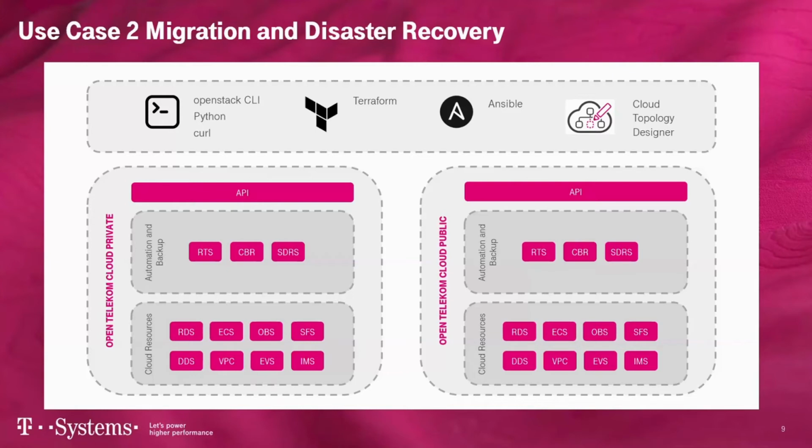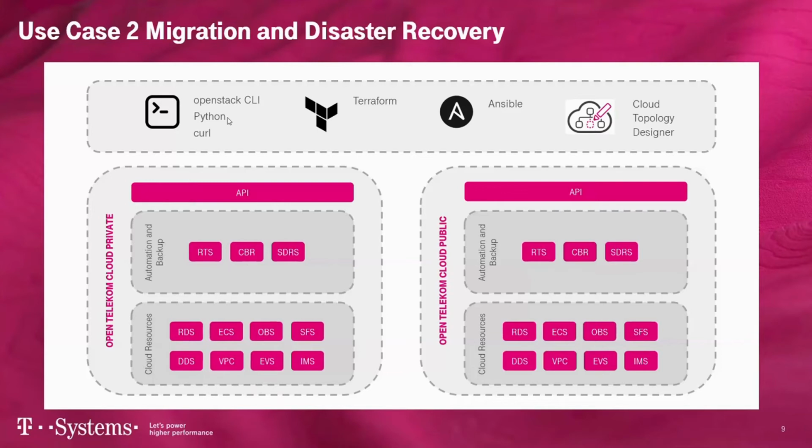Migration is taking advantage of having both APIs identical on both sides. If you have a couple of cloud resources in your cloud platform, there are already some services which can do automation or backup on these resources. The RTS service, for instance, is setting up these resources or maintaining them. And CBR or SDRS is doing backups of these resources.